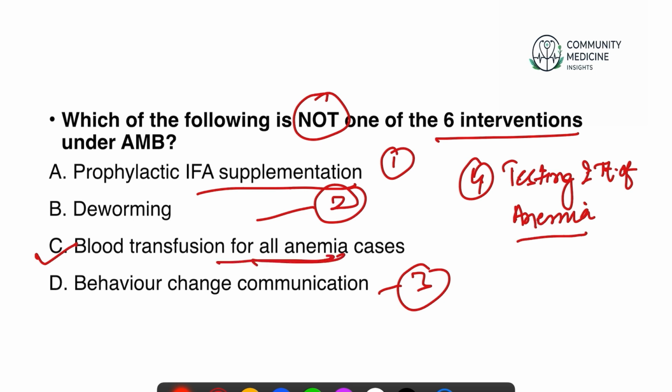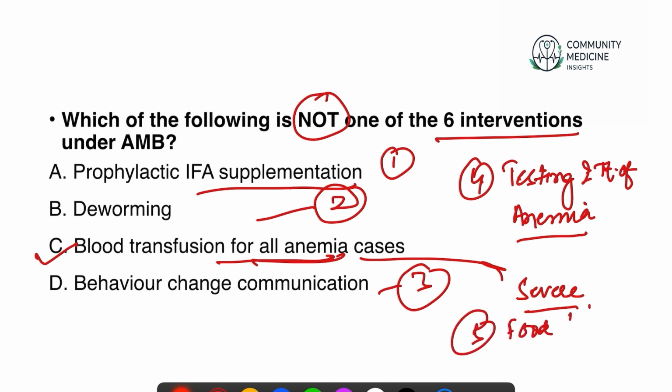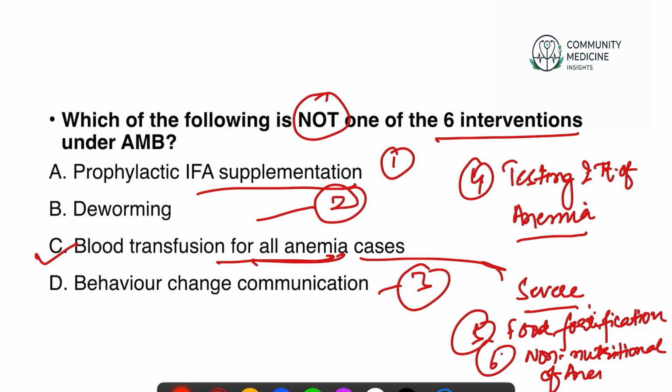It is recommended only for the severe cases of anemia. Then fifth is your food fortification. And 6 is addressing the non-nutritional causes of anemia.